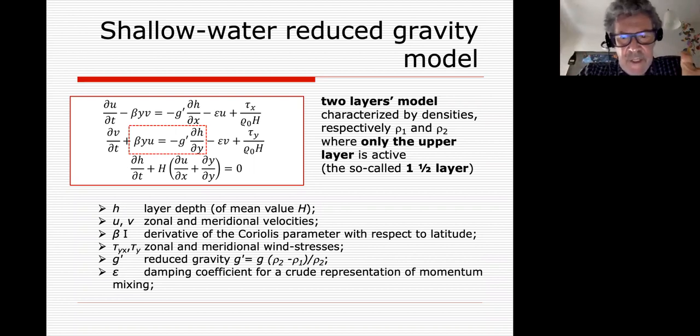This set of equations, however, includes advection and continuity. In the delayed oscillator model, we didn't have any physical explanation for that.